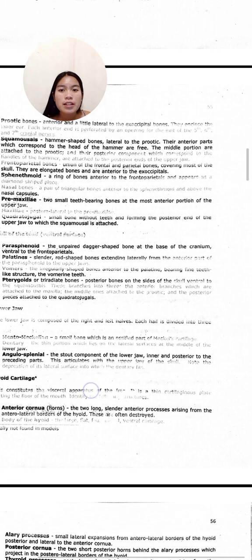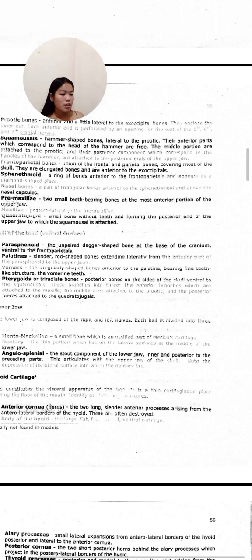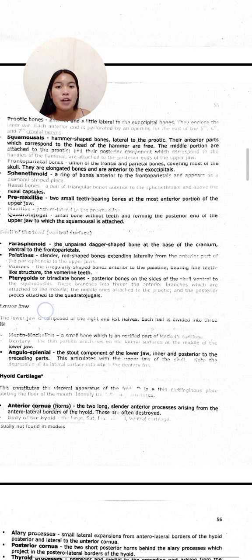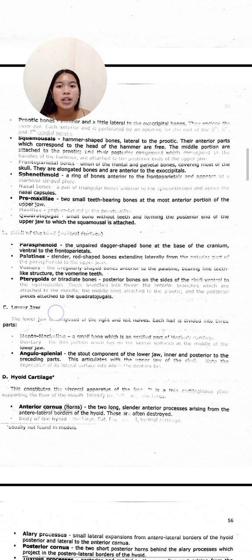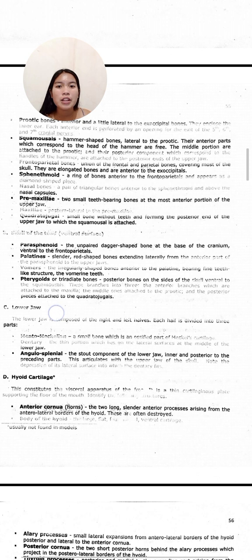Next is squamosal bone. So squamosal bone is hammer-shaped bones lateral to the prootic. Their anterior parts, which correspond to the head of the hammer, are free. The middle portions are attached to the prootic, and their posterior components, which correspond to the handles of the hammer, are attached to the posterior ends of the upper jaw, skull.